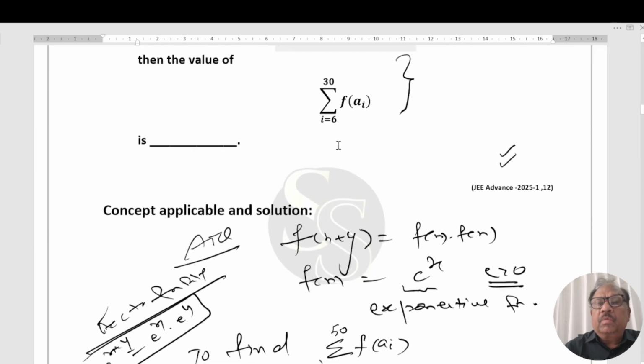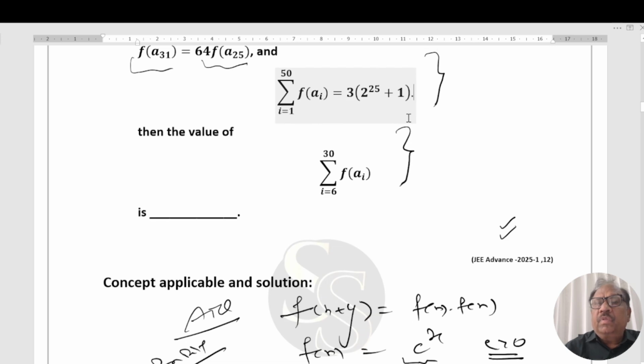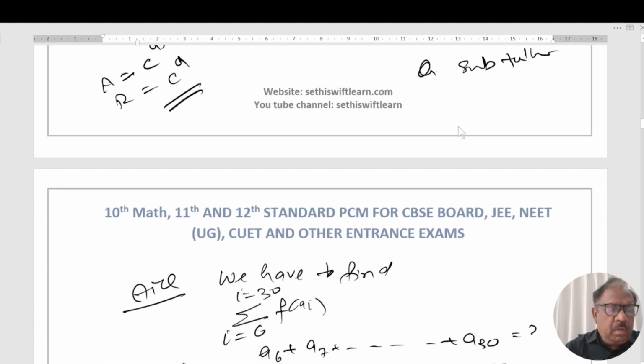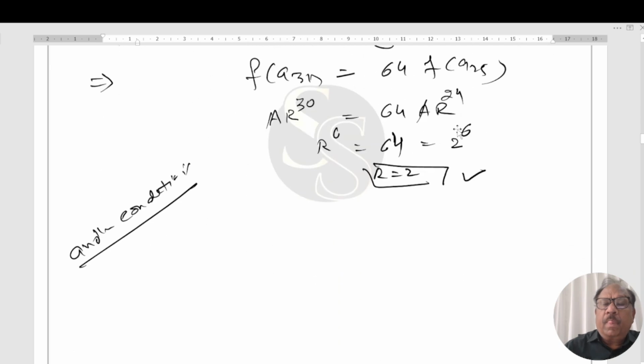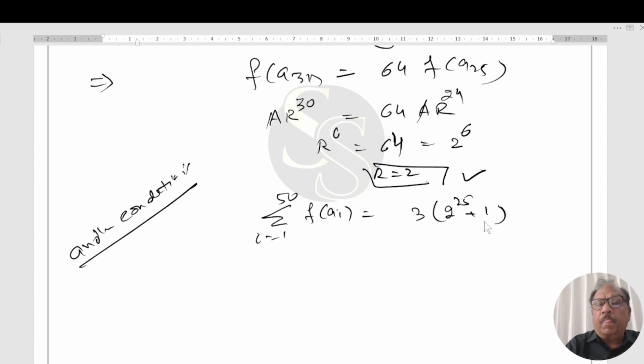Another condition is given: the summation for i equal to 1 to 50 of f(a_i) equal to 3 times (2 to the power 25 plus 1).